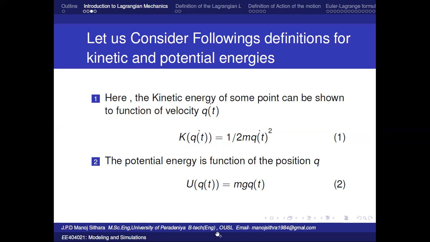Which is intuitive. The potential energy is a function of the position. We know that the potential energy is nothing but mg times the displacement. That means mg q(t) is the potential energy of the object, right?